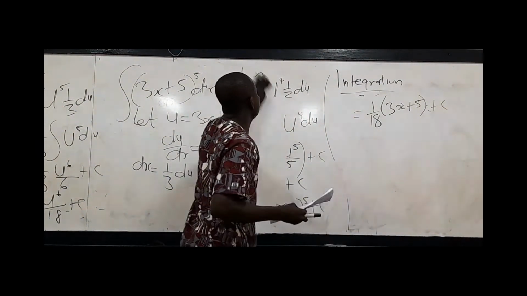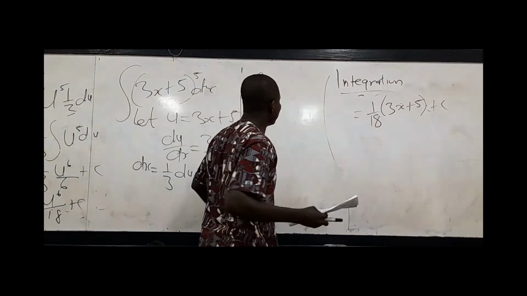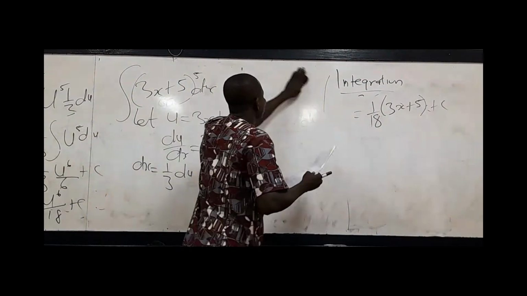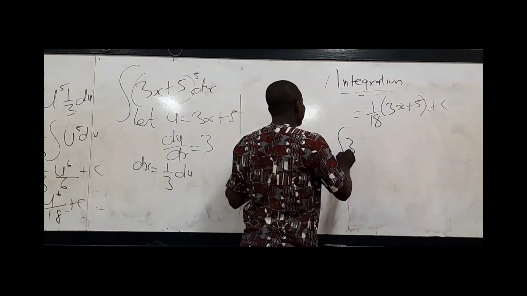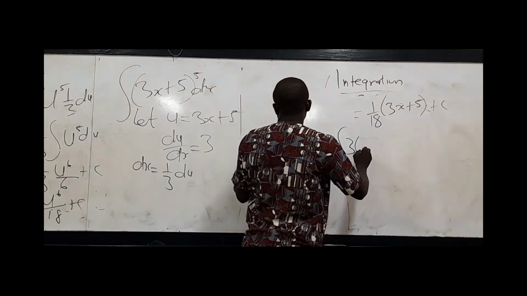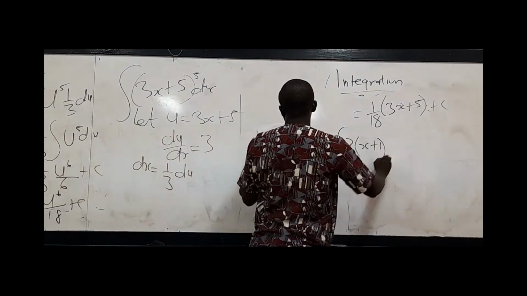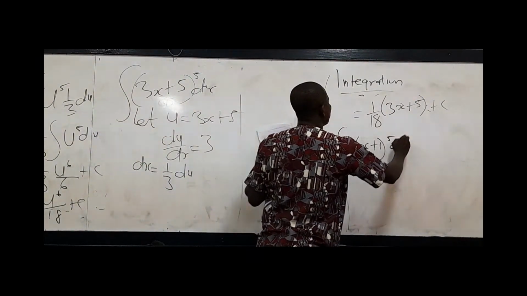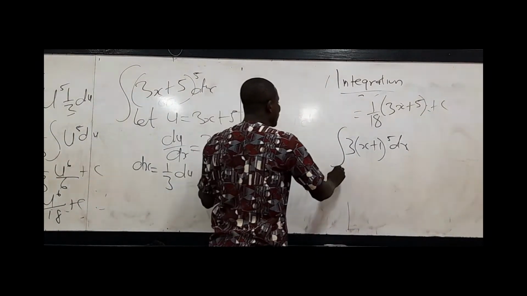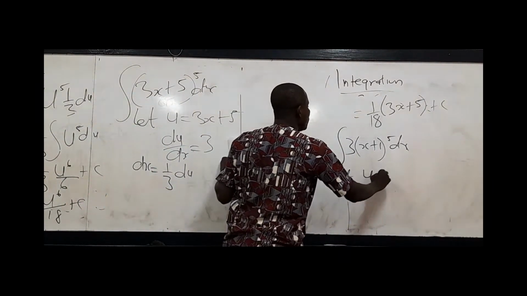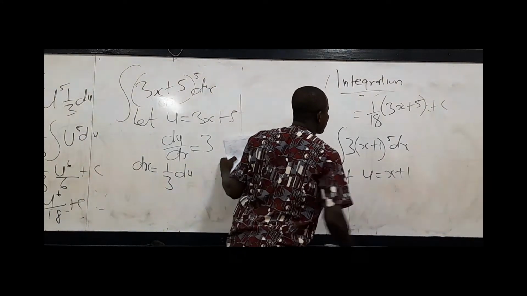I hope I can clean here. This is the integral of 3 times (x plus 1) to the power 5 dx. Don't let this 3 scare you. You let u be equal to x plus 1.